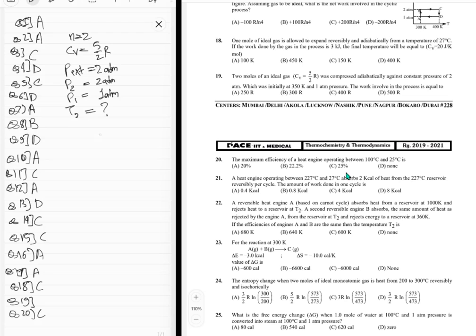T2 we don't know. T1 is 350 Kelvin. Okay, V2 we don't know. V1 we know for sure, that's just nRT1 upon P1, like that.